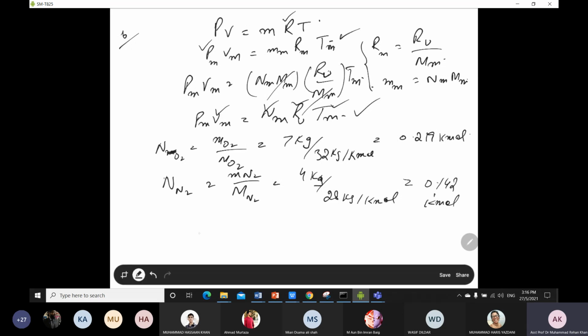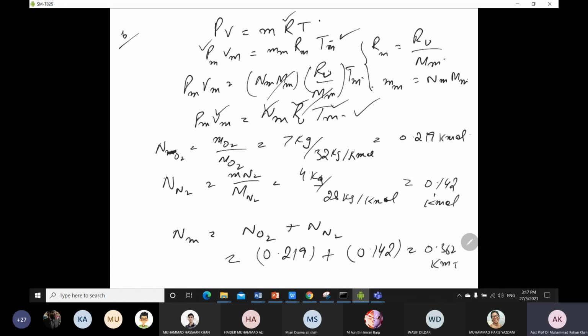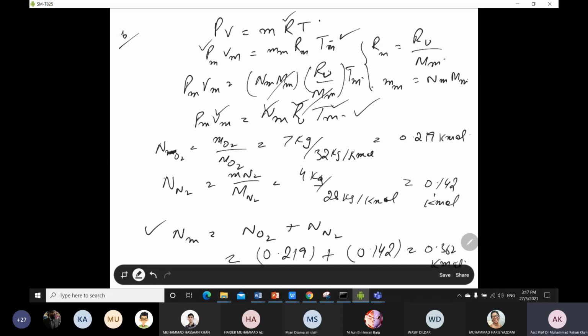Now we can easily find the number of moles of the mixture by adding these two terms, number of moles of O2 plus number of moles of N2, which is 0.219 plus 0.142, and it is equal to 0.362 kilomole. Now we have the number of moles of mixture. You have to note it down and move towards the next part.